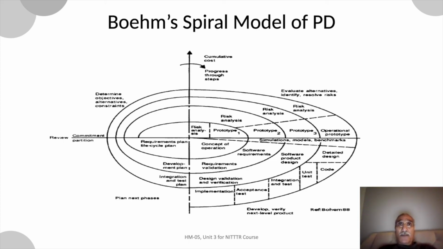We have to draw the specification map, what's known as the requirements analysis of the software product, and how that requirement analysis can be converted into preliminary design, then into the final design. And this concept of operation and requirements plan gets into prototype development.